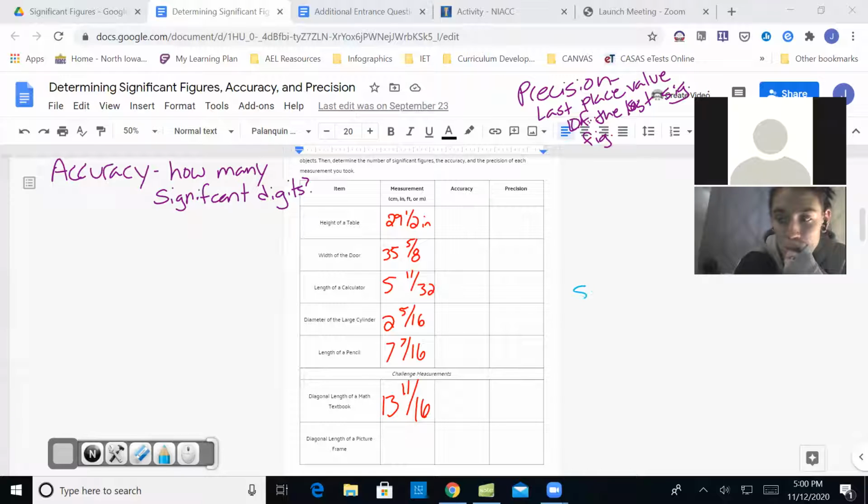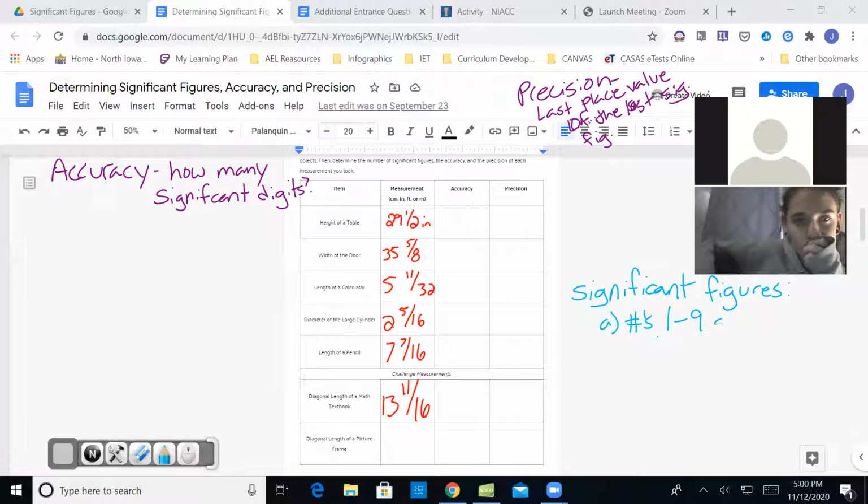All right, but there are some rules for significant figures. So the numbers 1 through 9 are always significant.